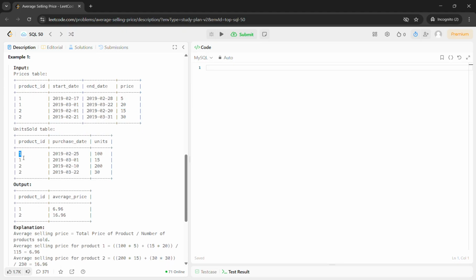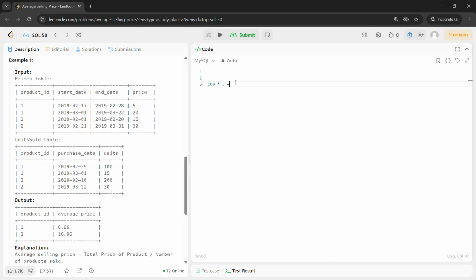Product 1 and the purchase date is 25th Feb. On 25th Feb he purchased 100 units, and what will be the price? 25th Feb is in this range, so during this time the price was 5. That means the price will become 100 multiplied by 5, that is 500, right?